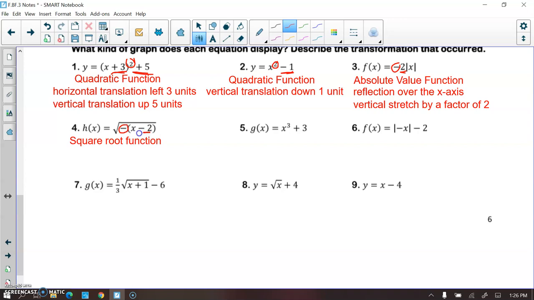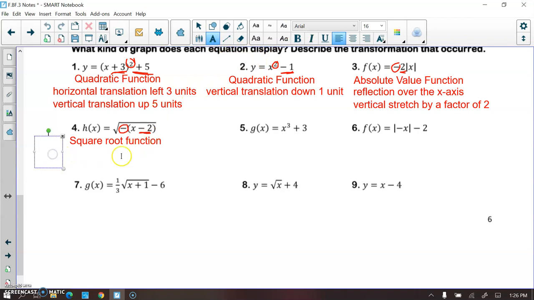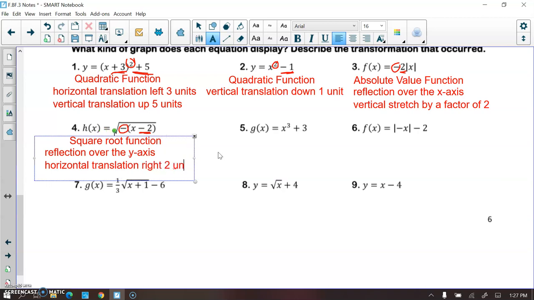And when you see that -2 on the inside of your function, that is a horizontal translation. And remember, horizontal translations are the ones that are more difficult to remember. That's a horizontal translation to the right. So we're going to state that there was a reflection over the y-axis, and then there was a horizontal translation to the right 2 units.